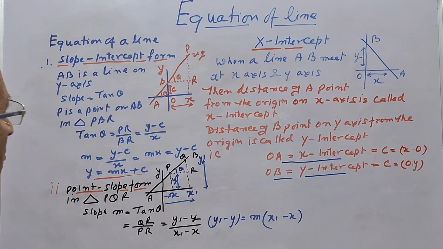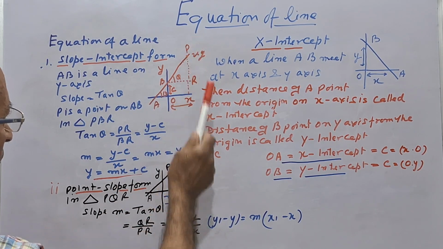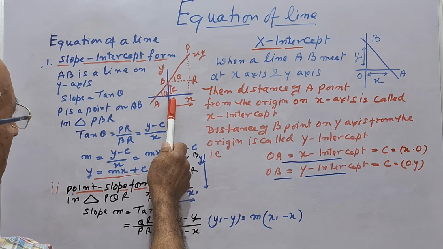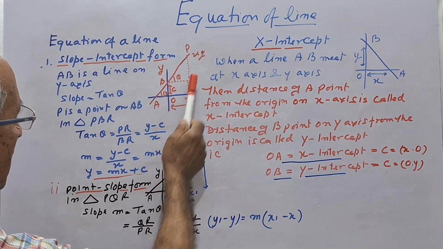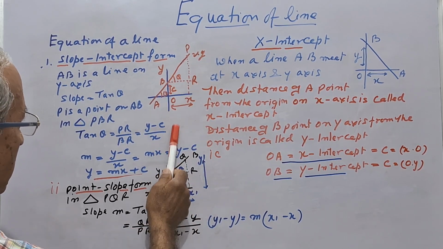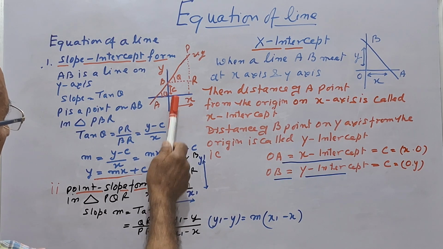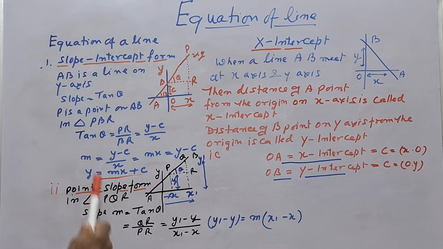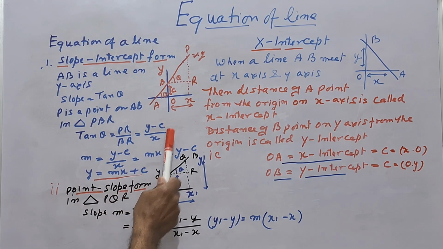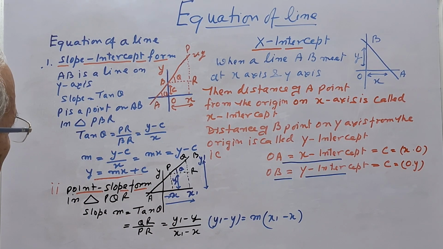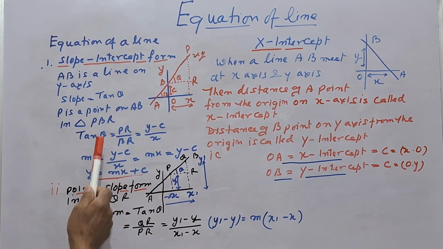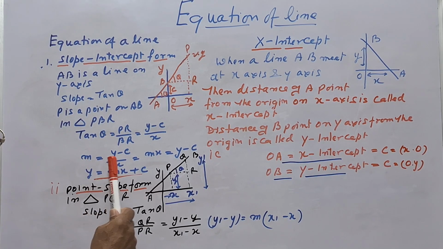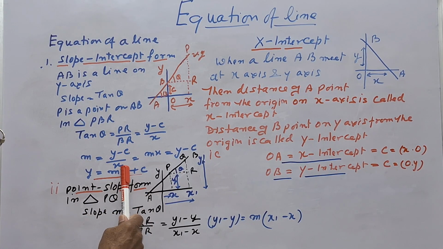Here PR, this is the y point and this is the intercept. So PR is y minus C, and BR is x. So tan theta is equal to y minus C upon x, and tan theta is equal to m, that is, m equals y minus C upon x.